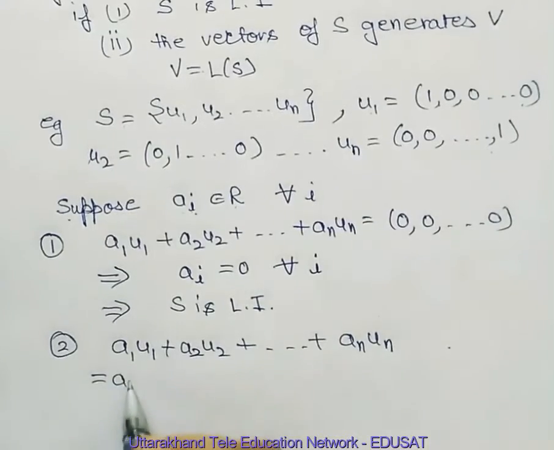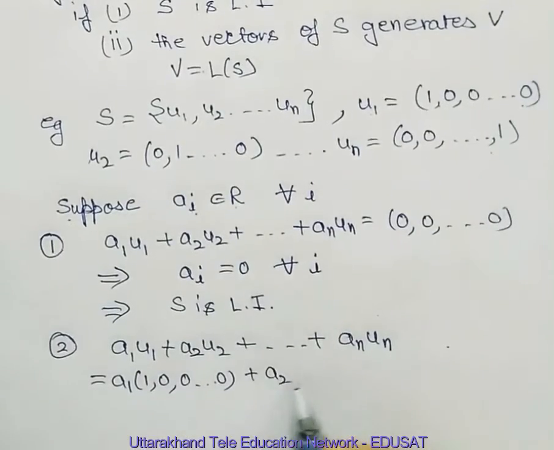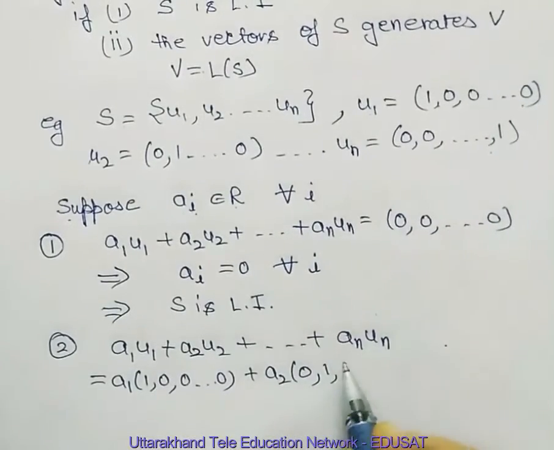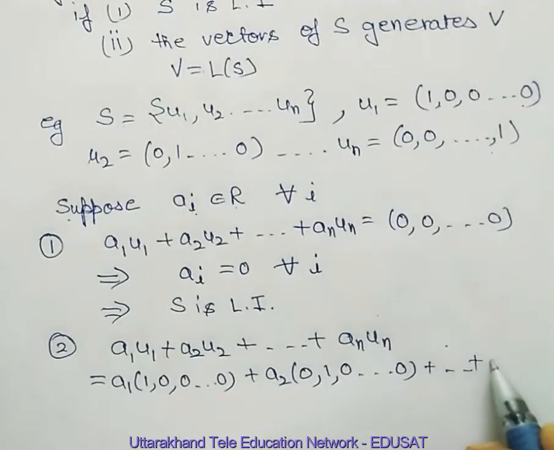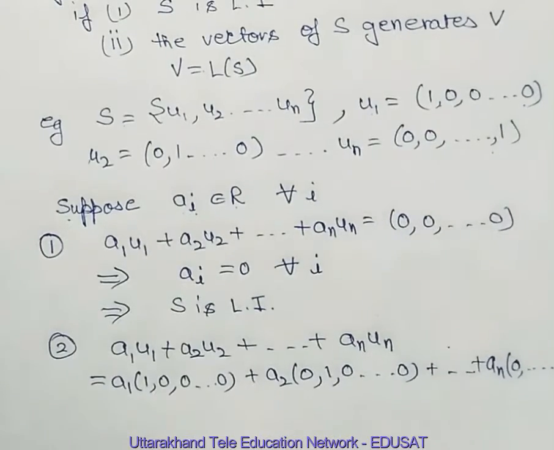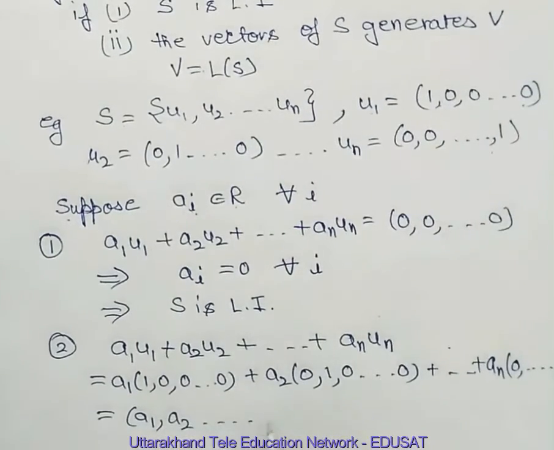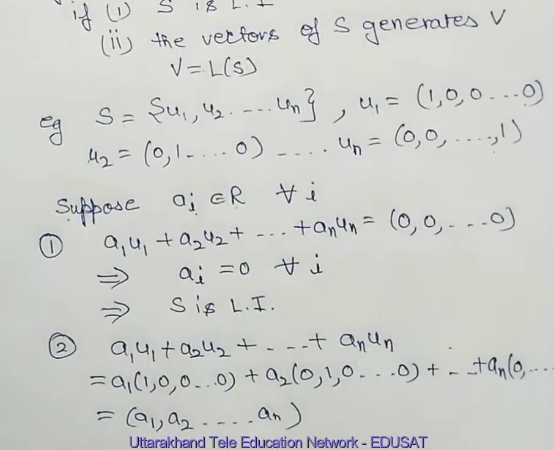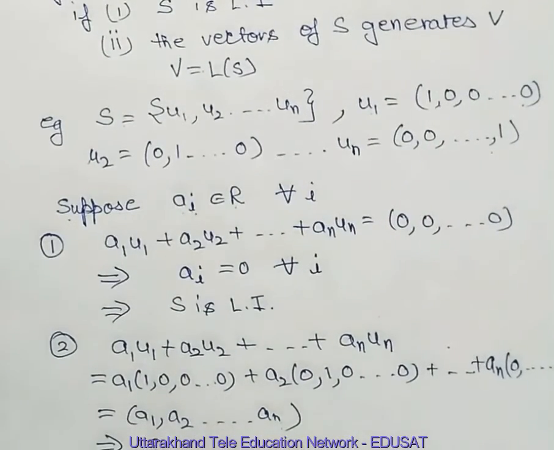So we will have a1 times U1, which we have taken as (1, 0, 0, and so on, 0), plus a2 times (0, 1, 0, and so on, 0), plus and so on, plus an times (0, 0, 0, till 1). Now when we add, it will come like this: (a1, a2, and so on, an). So what does it imply? It means S generates V.